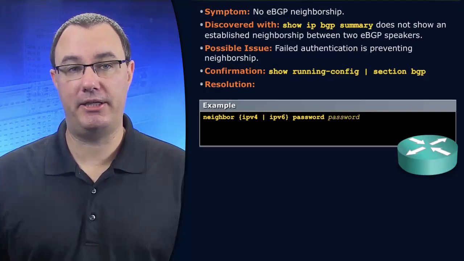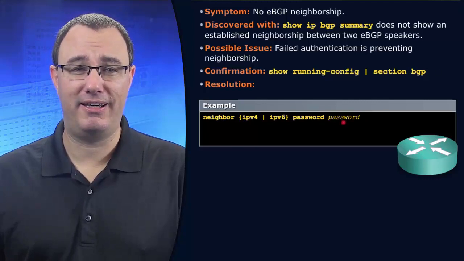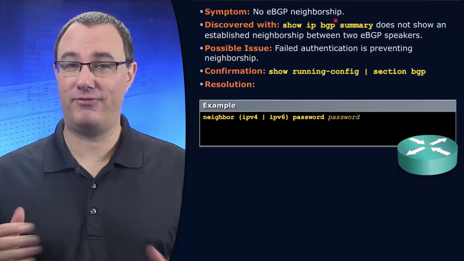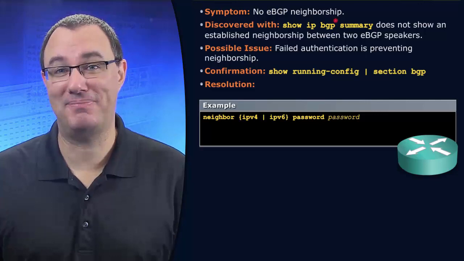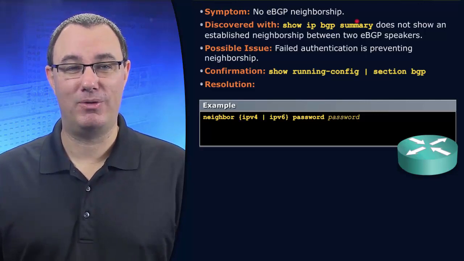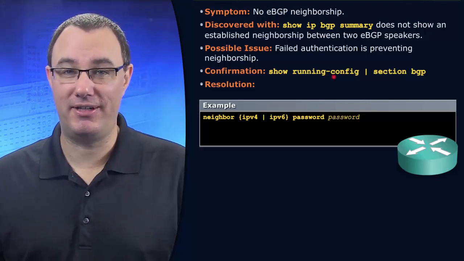Authentication for BGP is surprisingly straightforward to configure. Why? It's just a shared password. And it should not surprise us that failed authentication can be the cause of no neighborship. So if you see show ip bgp summary, well, we might look at our config and go, oh, wait a minute. I have some authentication going on.